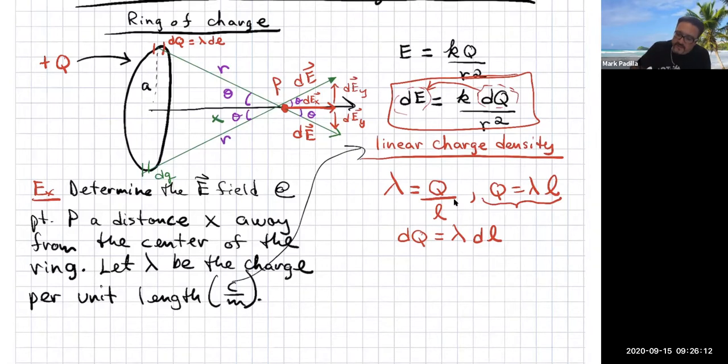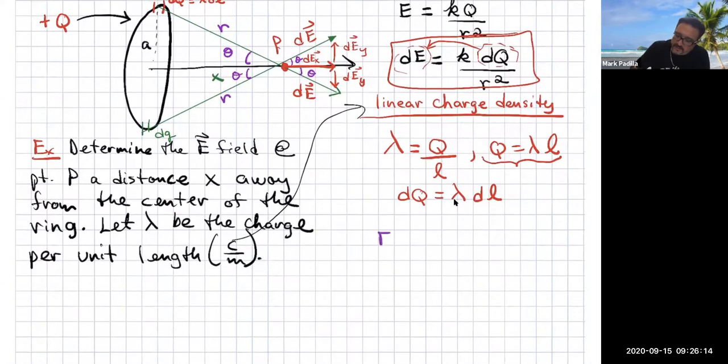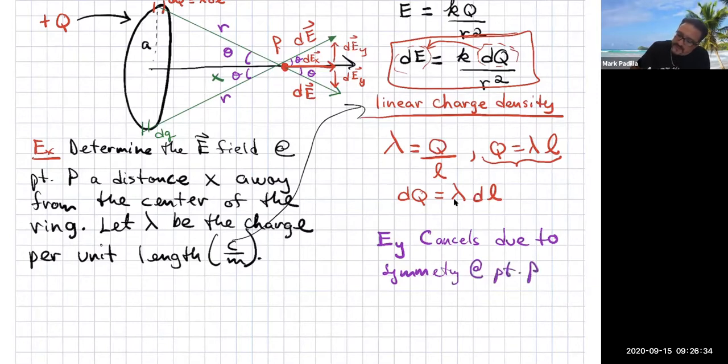So we know that the electric field in the Y dimension cancels due to symmetry at point P. That needs to be stated.